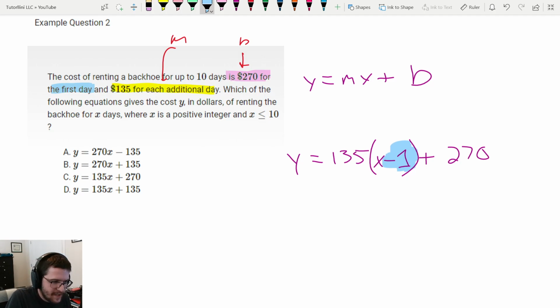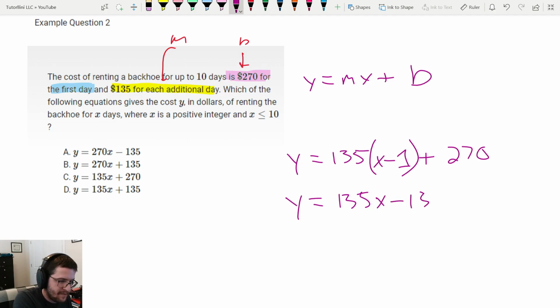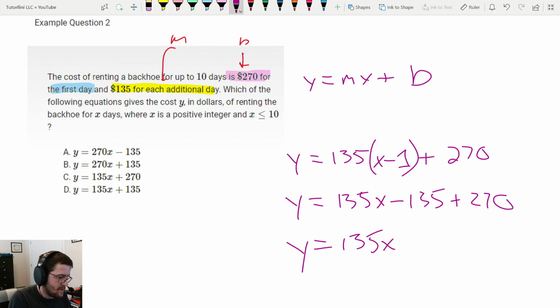I'm pretty sure that's going to give us our answer. Let's work it out. So I get y equals 135 times x minus 1, plus 270. If I distribute, y equals 135x, negative 135 plus 270, that's positive 135, and that gives you answer choice D.